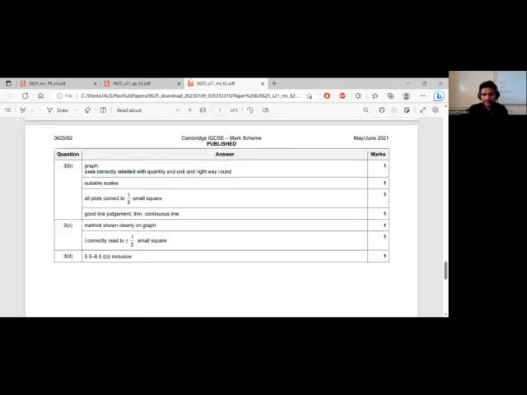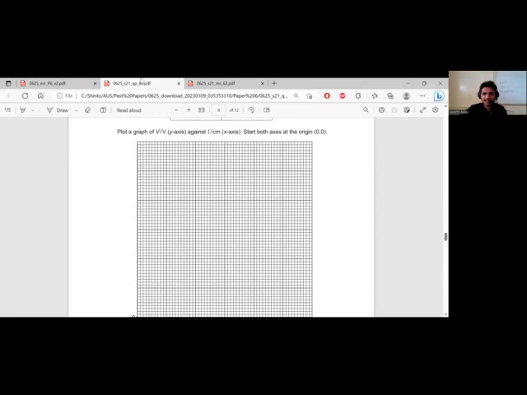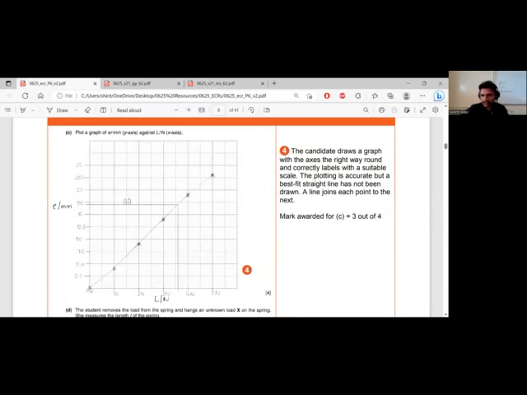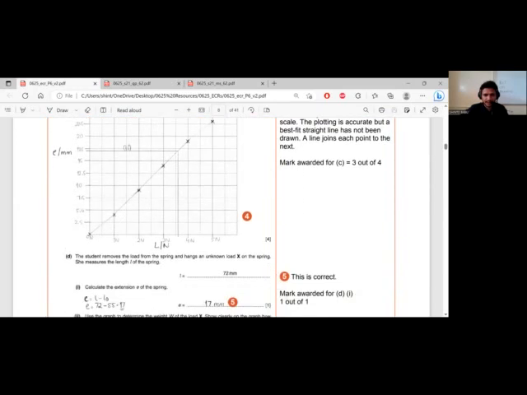After labeling these axes, everything is given to you actually here: what is to be on the y-axis and what is its unit, what is to be on the x-axis, what is its unit. So as in the earlier one, you can also see a similar pattern. First, we will write what is taken along the x-axis, then its unit, what is taken along the y-axis, then its unit. That is your 1 mark.